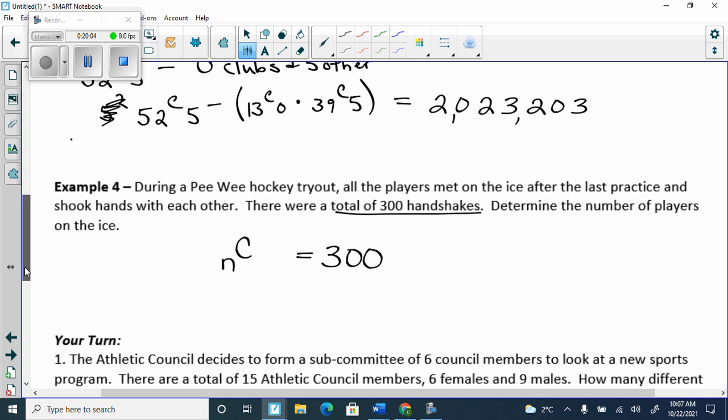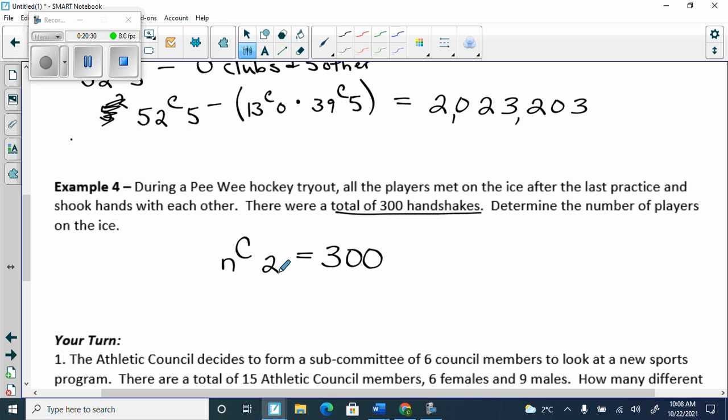But on a real handshake, two are shaking hands, correct? So it's going to be C2. Because you have 2 hands at a time, handshake. Another 2 hands, handshake. New 2 hands, handshake. Results in 300 handshakes. Correct? How can we figure out this number?